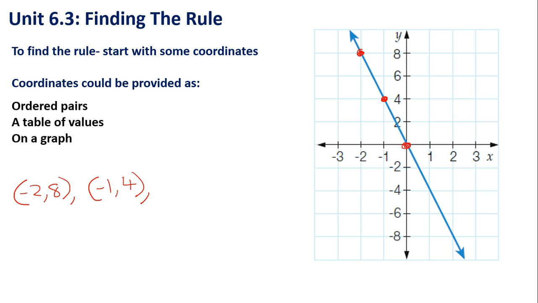We could take the origin, 0, 0. We've also got this point here. X is 1, y is -4. And why don't we take one more? X is 2, y is -8.